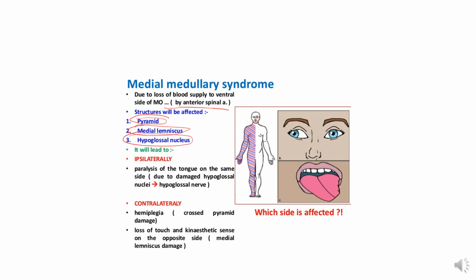This will lead to ipsilateral paralysis of the tongue on the same side due to damage to the hypoglossal nuclei, contralateral hemiplegia due to crossed pyramid damage, and loss of touch and kinesthetic sense on the opposite side due to medial lemniscus damage, because the sensory fibers have also decussated.